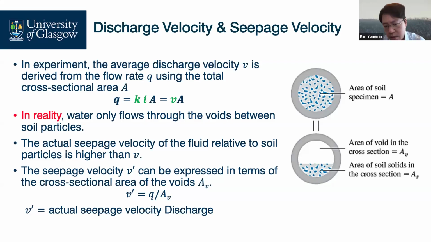But in reality, water only flows through the voids between soil particles. Technically, water flows through voids. So the seepage velocity, V prime, can be expressed in terms of the cross-sectional area of voids, Av: q divided by Av.